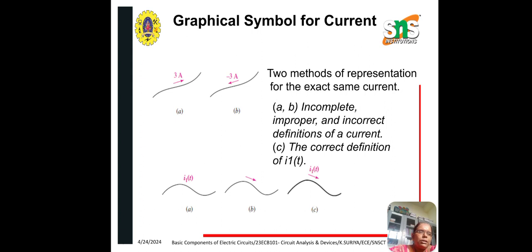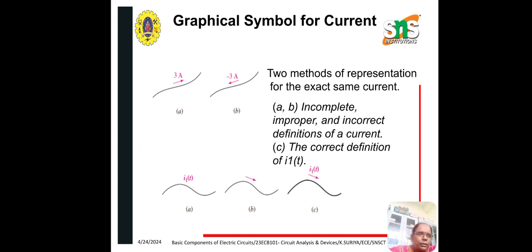So this is a graphical symbol for current. Two methods of representation are there for the exact same current. Here in figures A and B, it represents the incomplete or improper definition of a current. In figure A, we represent 3 amps in one direction of the arrow, and when the direction changes then it will be represented as minus 3 amps.